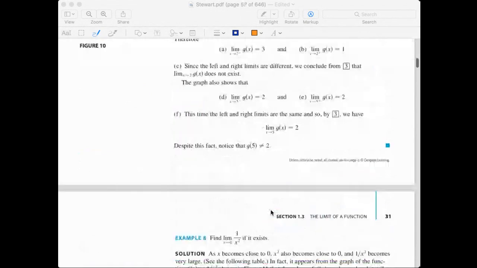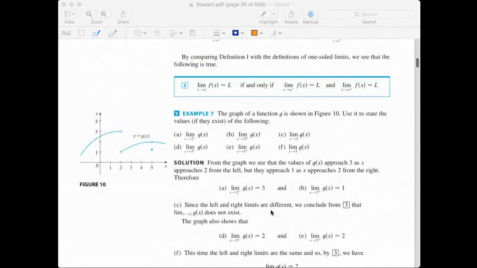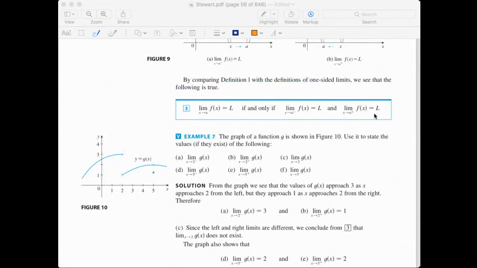The minus sign raised next to a means think about a value a little bit less than a, so that's approaching a from the left. The plus sign means think about a value a little bit bigger than a. That means from the right.